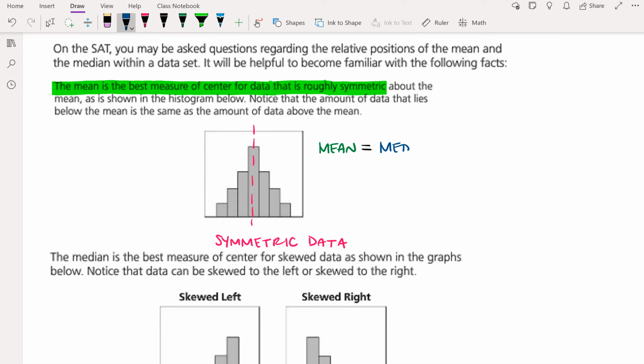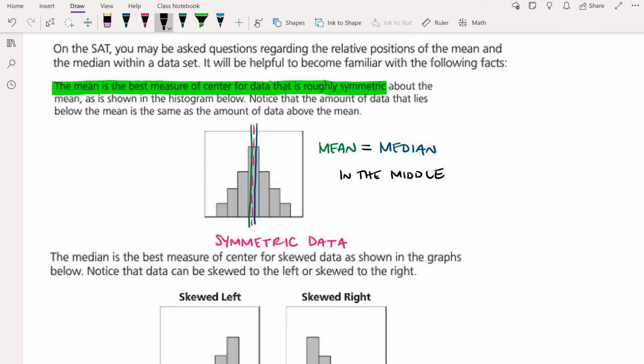The median. Cool. So for this example, the mean would equal the median, and they would both be in the middle. So let's draw the mean and the median now right in the middle. So for symmetric data, the mean and the median would be in the middle. So let's actually make a note.